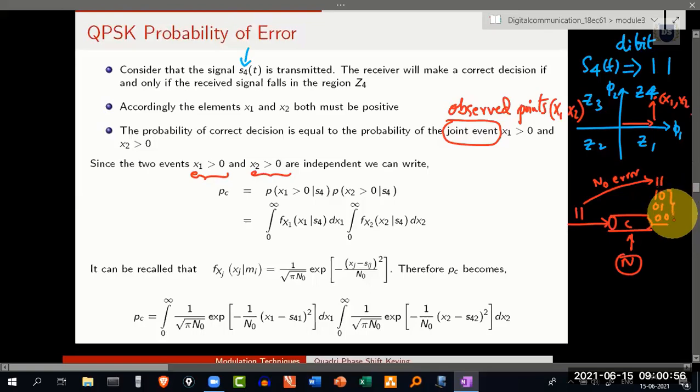All these three constitute error, and this is happening because of noise. Because noise can either affect the first bit portion or the second bit portion or both, I can think of these as independent events.